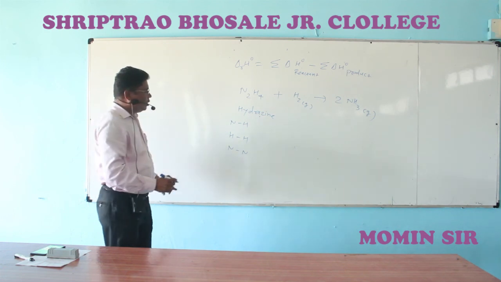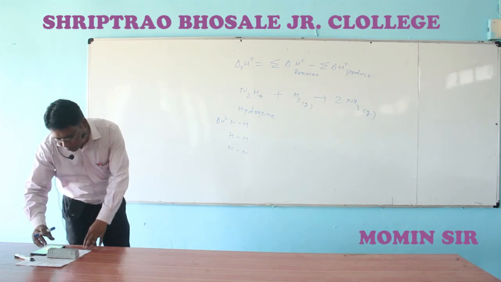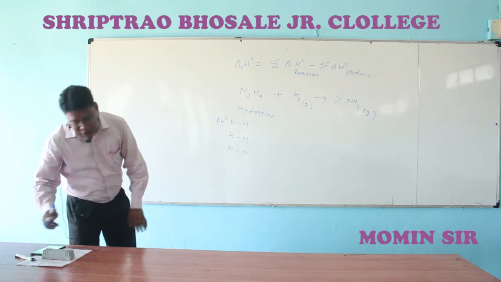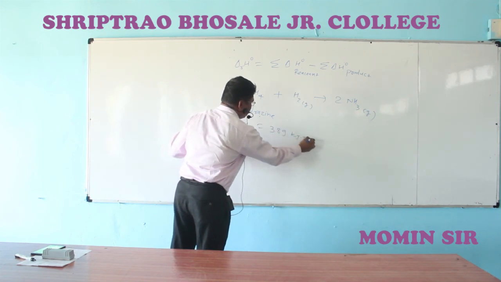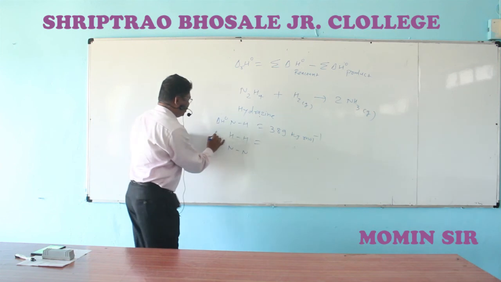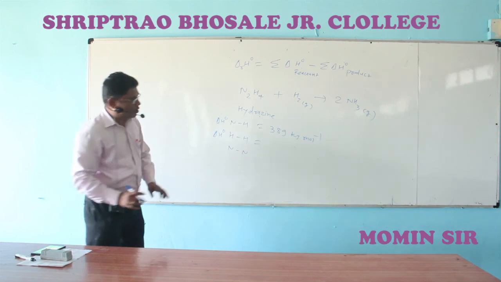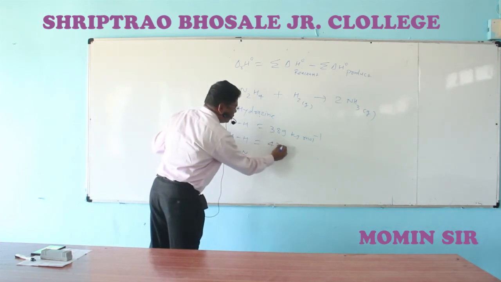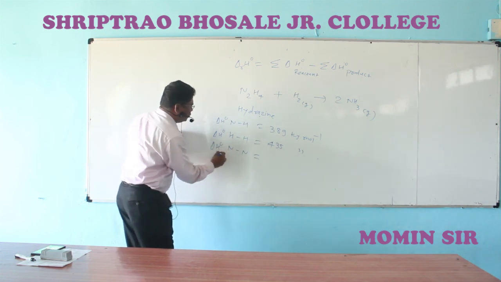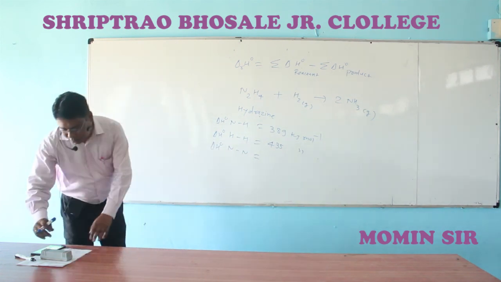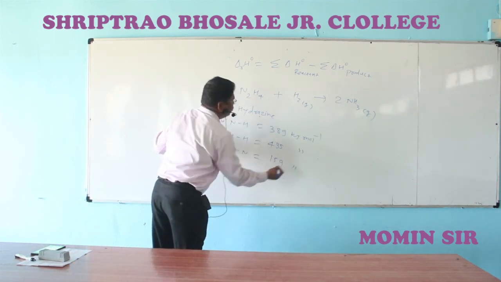So here, the standard enthalpy of the nitrogen-hydrogen bond is given, that is 389 kilojoule per mole. The standard enthalpy of the hydrogen-hydrogen bond is 435 kilojoule per mole. And the standard enthalpy of the nitrogen-nitrogen bond is 159 kilojoule per mole.